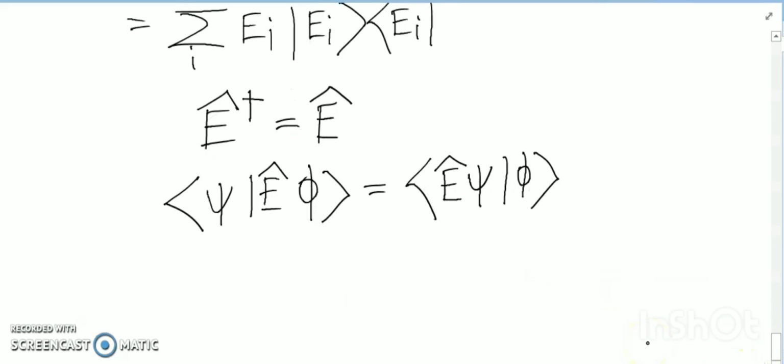Since we deal with observables all the time in quantum mechanics, this property is really handy, so it's worth remembering.